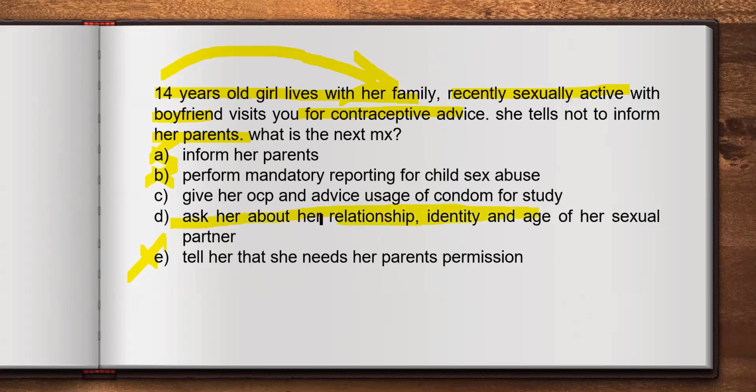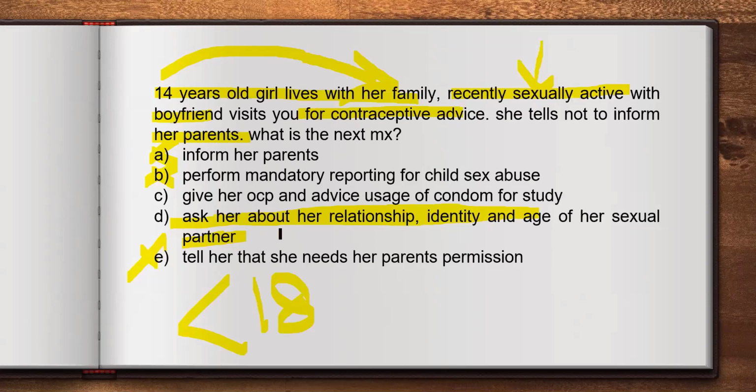So a very, very important thing: with any mature minor, especially a girl less than 18 years old, who is recently sexually active or having sexual intercourse and asking for OCP, before you provide OCP, the first thing you need to know is the partner's identity, the partner's age, and the relationship with the partner.